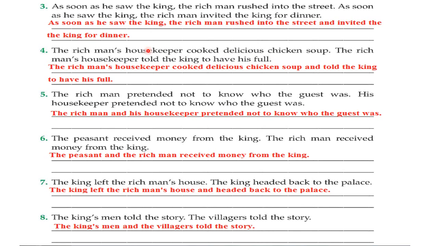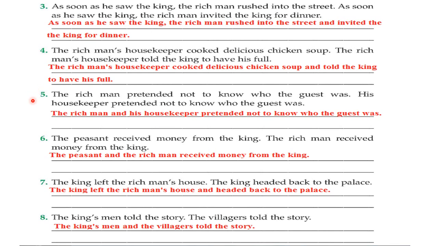The verb is told, and the predicate is told the king to have his fill. Here again we have the same subject but different predicates. So we write the subject once and combine the predicates using a conjunction. It becomes, the rich man's housekeeper cooked delicious chicken soup and told the king to have his fill.